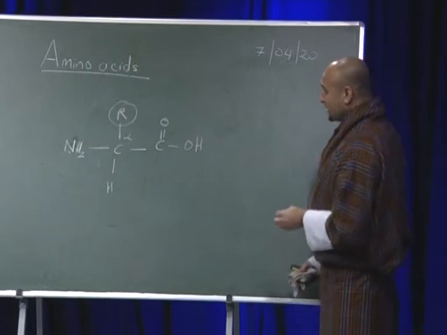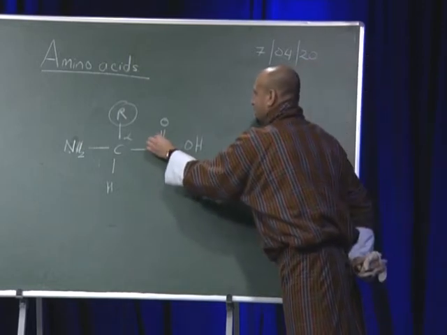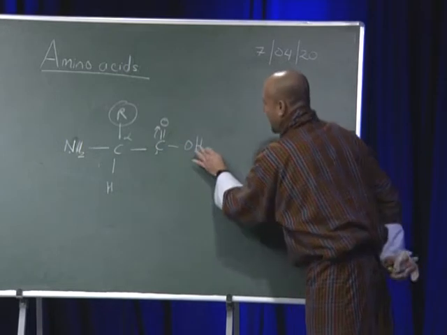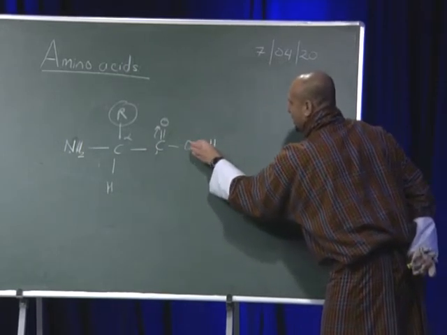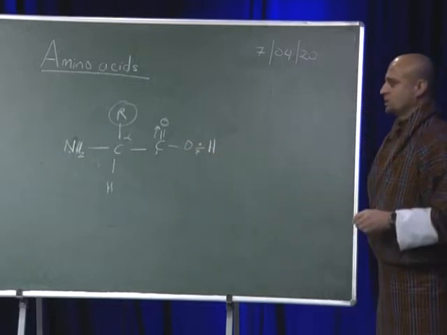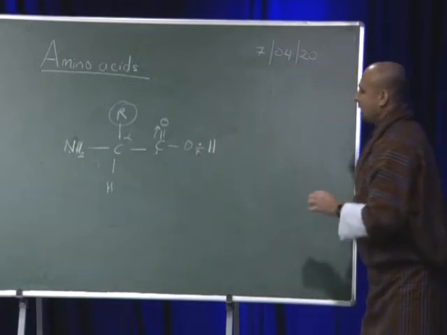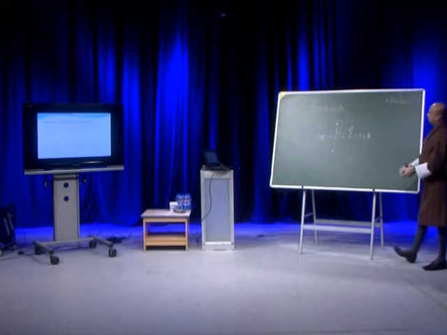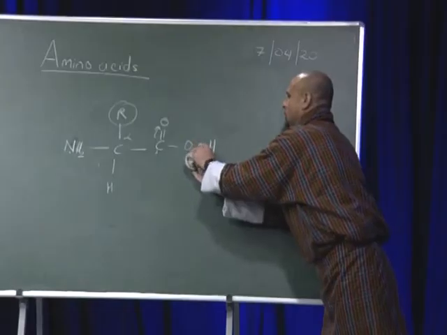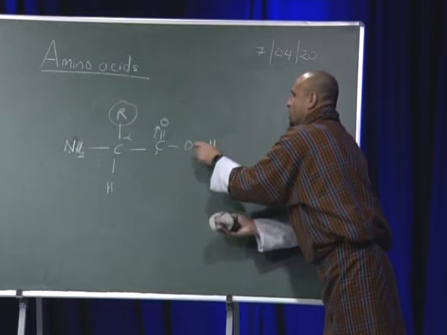Now, what's happening here? As it moves here, this will be slightly positive, and now I'll just draw this bond. Here we have a shared pair of electrons. Let's assume this is a shared pair of electrons between the oxygen atom and the hydrogen atom. Now we know that oxygen is more electronegative compared to the hydrogen atom. Therefore, this shared pair of electrons will not remain in the center, but will be pulled more towards oxygen.